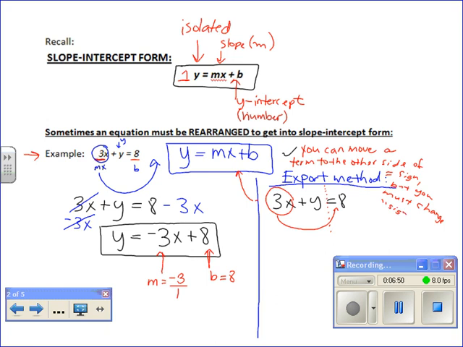So if it's a positive 3x as it is over here, if I want to bring that over to the other side, I have to write that as a negative 3x.